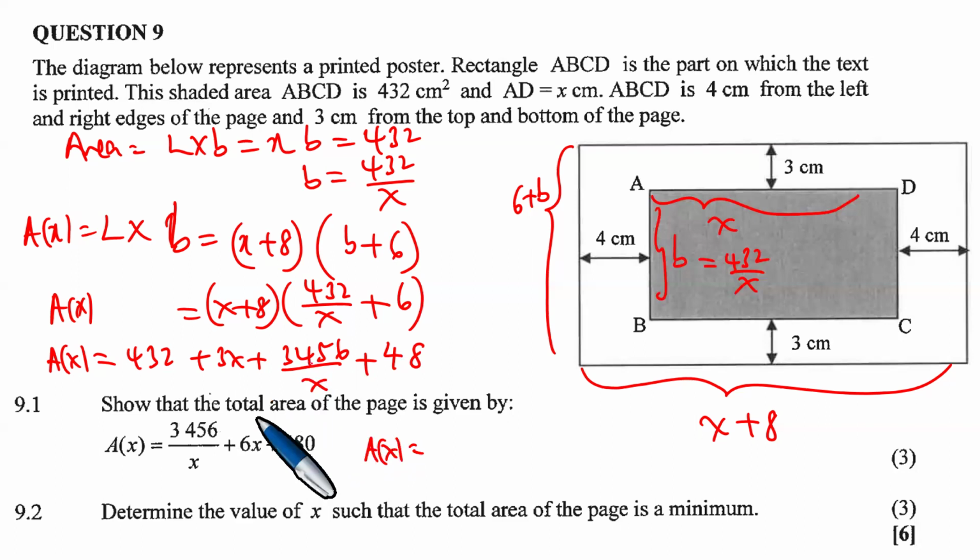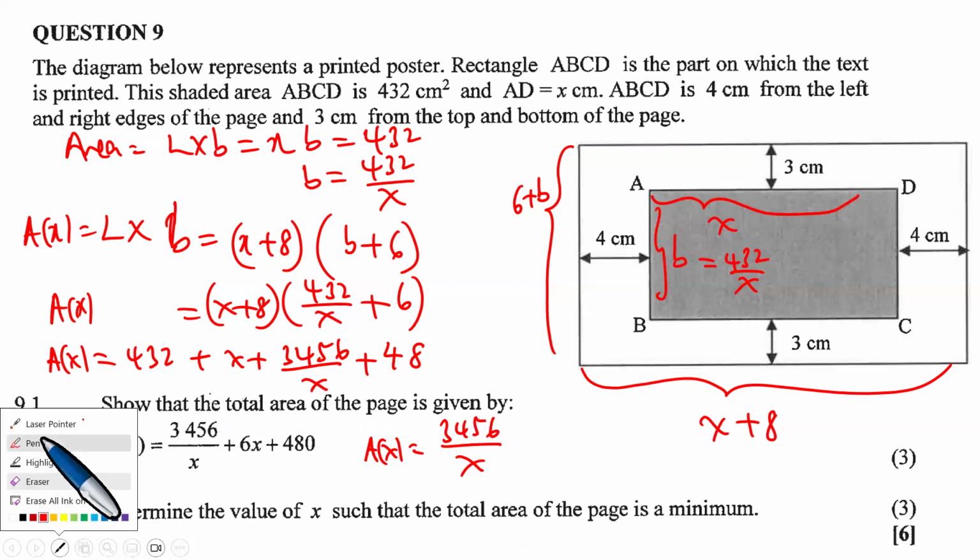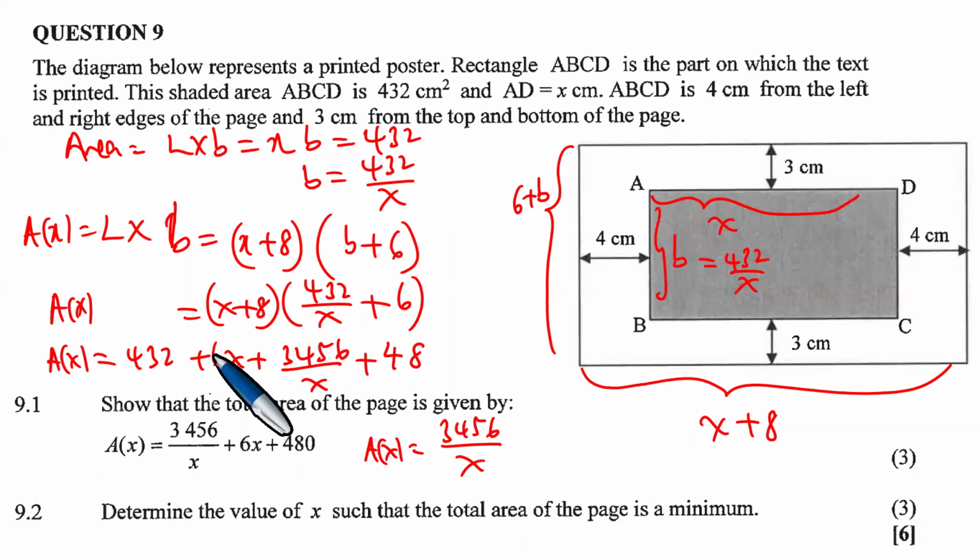But now we have 3456 over x, and x times 6 is exactly 6x, because it's distribution.